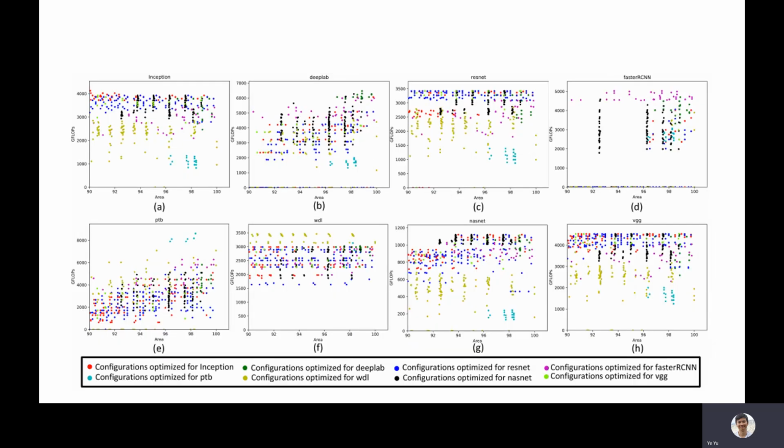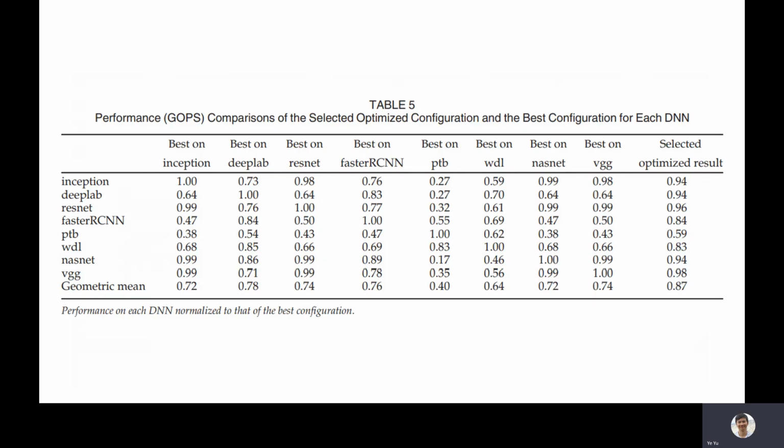And the performance of the optimized architectures on the 8 DNNs are plotted here. Among all the candidate configurations, we select the one with the highest geometric mean of performance on the 8 DNNs. It is compared to the architectural configurations with the best performance on each individual DNN, as shown in this table.